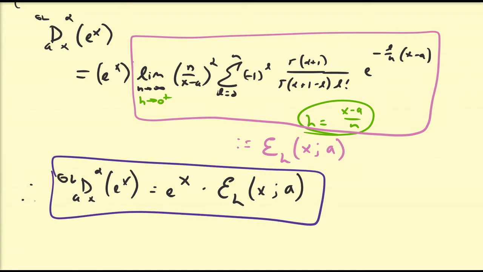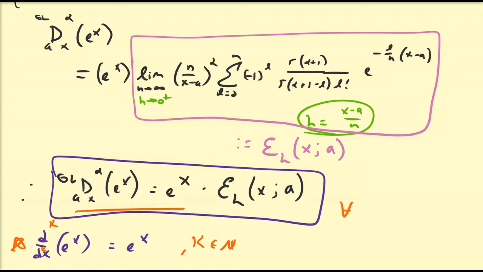We know, at least from basic calculus, that the derivative of e to the x is equal to e to the x, and this is actually true for all orders k, where k is a natural number. That's very easy to prove. So we would like this to be true for all alpha in the set of positive reals.